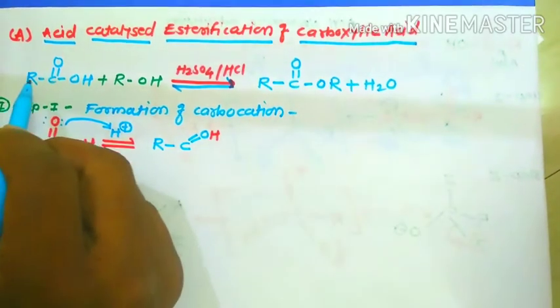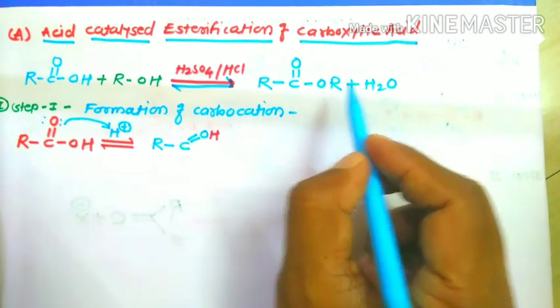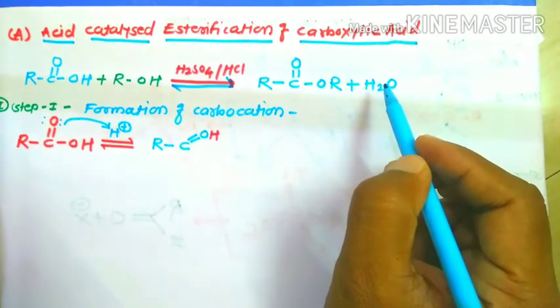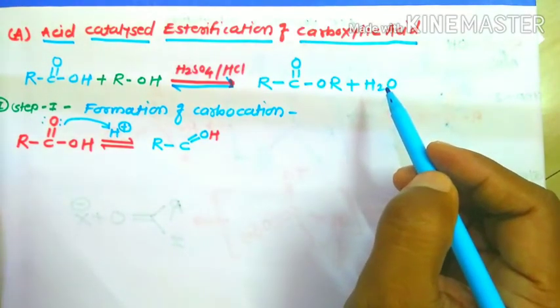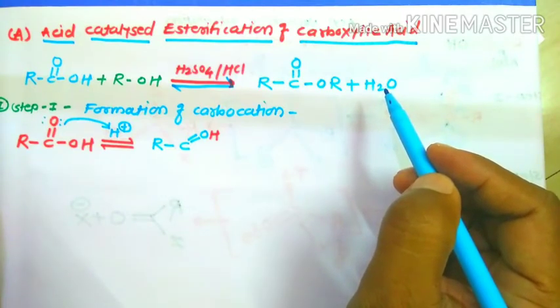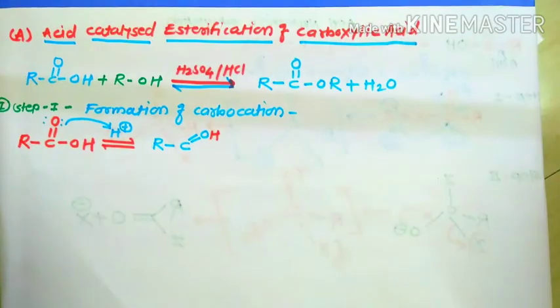That means formation of ester from acid with elimination of water molecules. This esterification is a reversible reaction. The dehydrating acid is used. Acid catalyzed esterification proceeds in three steps.